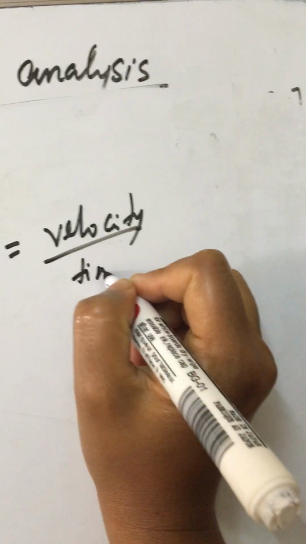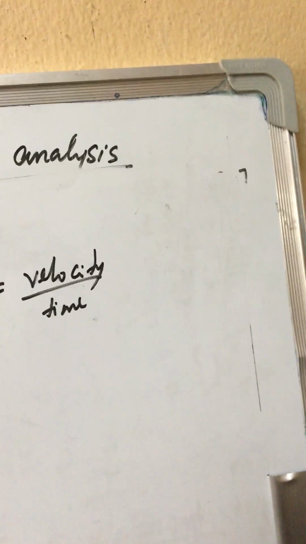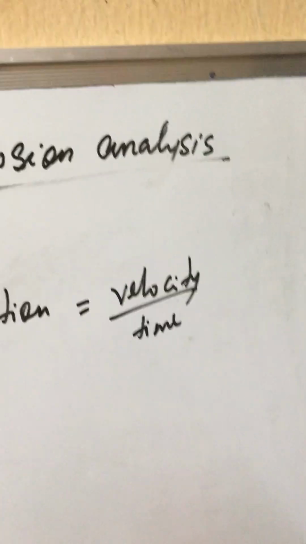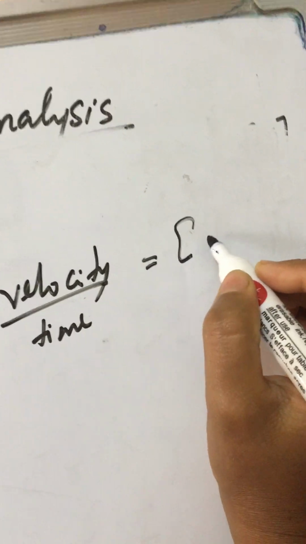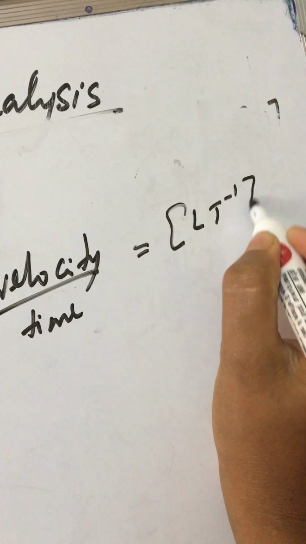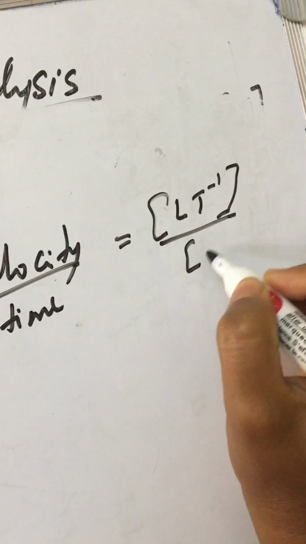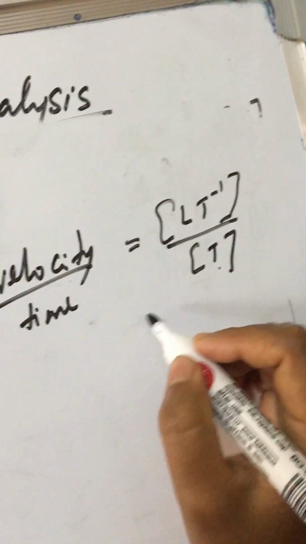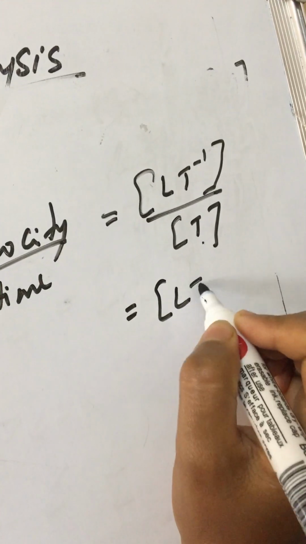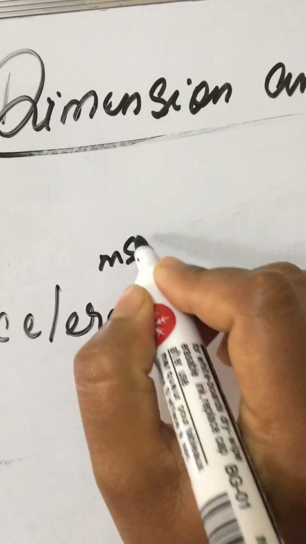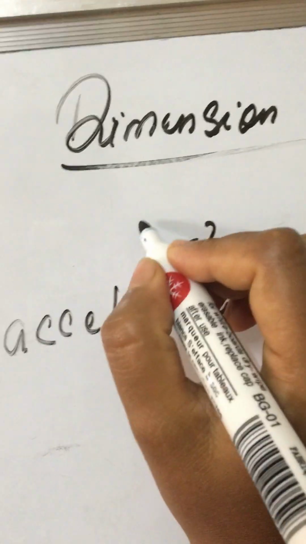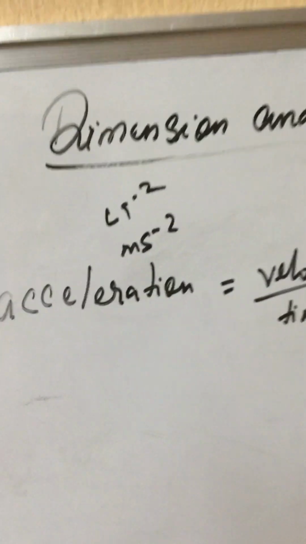We have already found the dimension of velocity: displacement per unit time, that is L t to the power minus 1, and time is T. If this T goes down, it becomes L t to the power minus 2. Acceleration, what was the unit in SI? Meter per second square. So this is L t to the power minus 2, right?